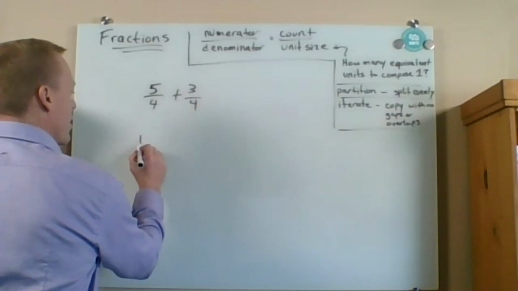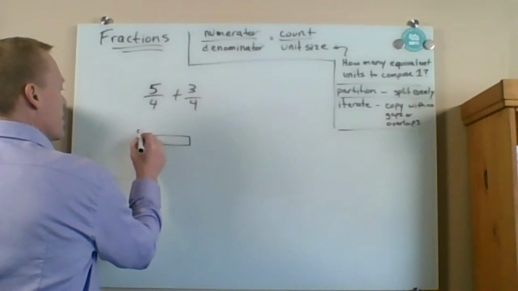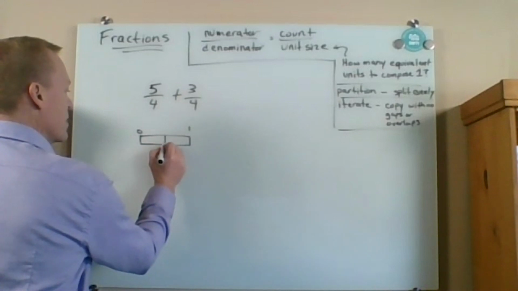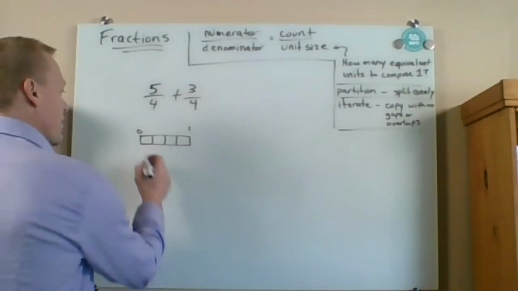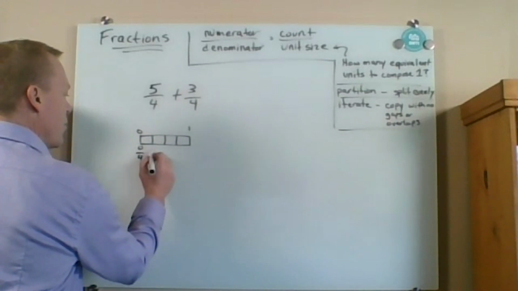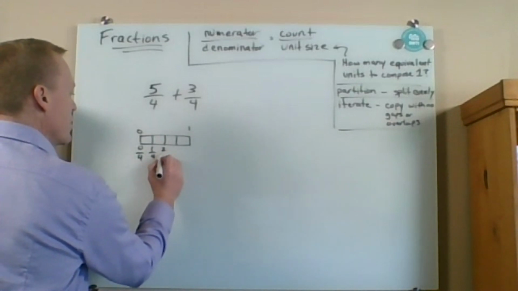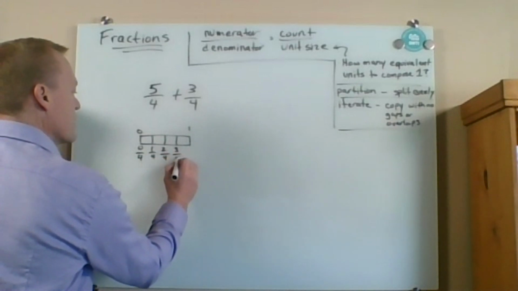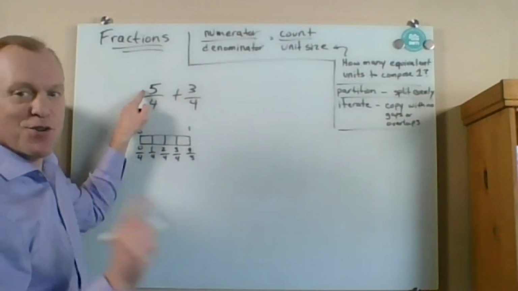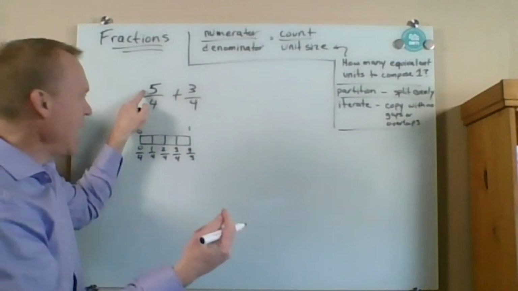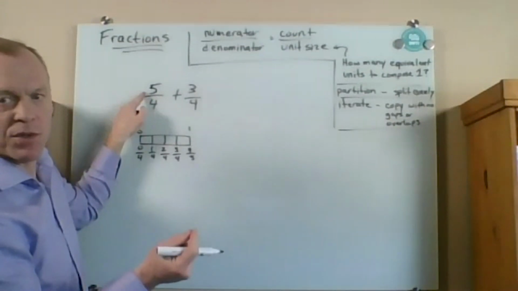I'm going to use a bar model and represent 0 and 1, partition it into 4 equal sections, each of those representing the fourths. So here I have 0/4, 1/4, 2/4, 3/4, 4/4, and again, the numerator talks about the count. How many do we have? We have 5 of these 1/4 units.